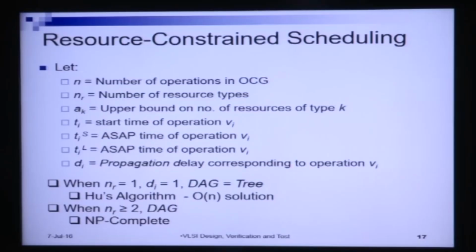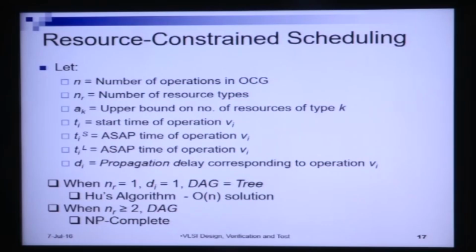It has been shown that if we have these constraints, then a polynomial time or a linear time solution can be obtained for such an operation constraints graph, and that is obtained through Hu's algorithm. However, if the DAG is generalized, then we can have at most 2 resources of one type, and then only can we obtain polynomial time solutions.